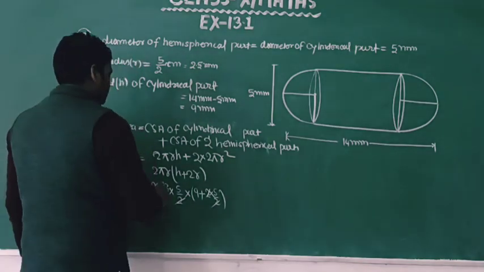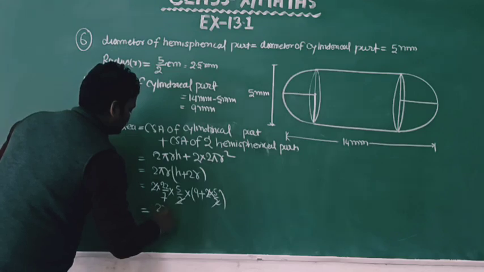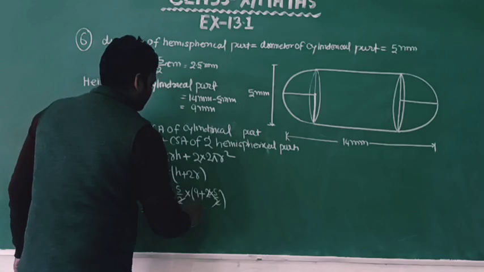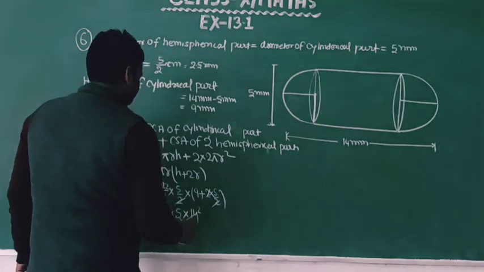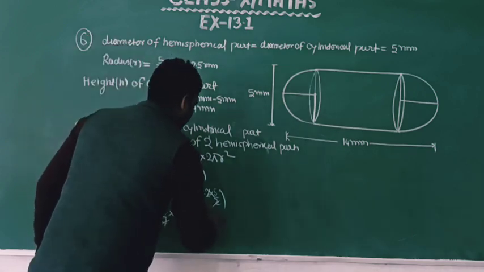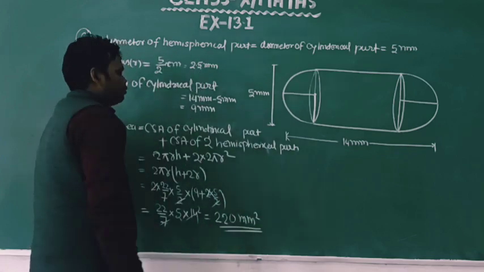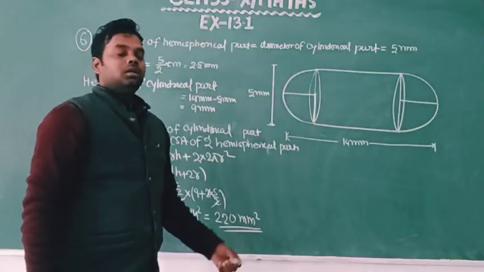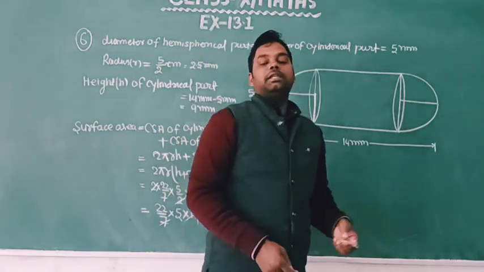Now 22/7 into 5 into 14, which gives 220 millimeter square. This is the total surface area of the medicine capsule.